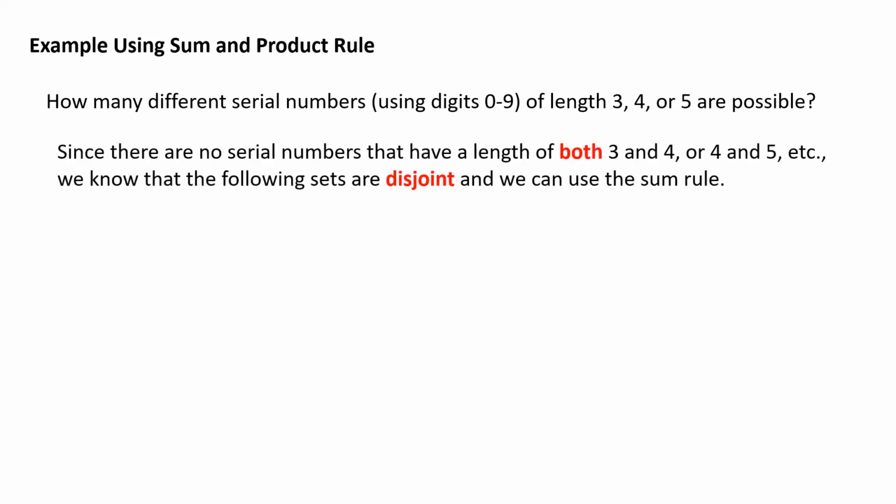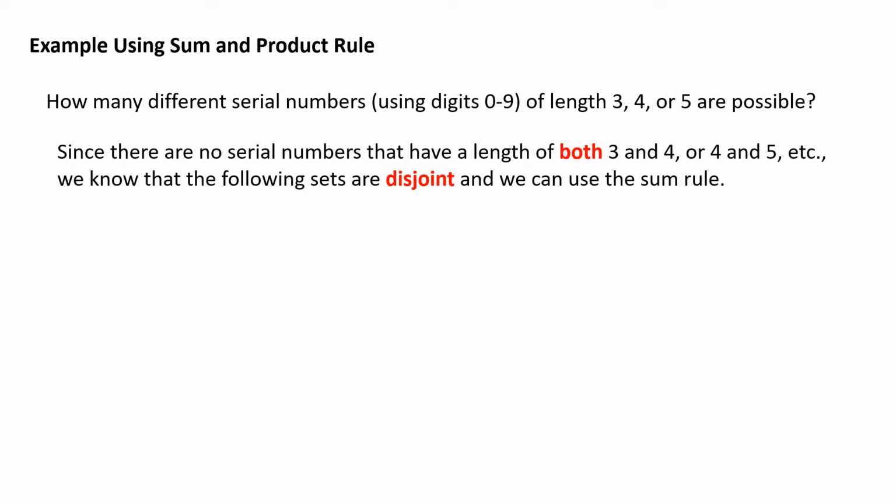Well, we can look at the sets of serial numbers and realize that there are no serial numbers that have a length of both 3 and 4, or 4 and 5. So the set of serial numbers with a length of 3, the set with length 4, and the set with length 5 are disjoint sets.